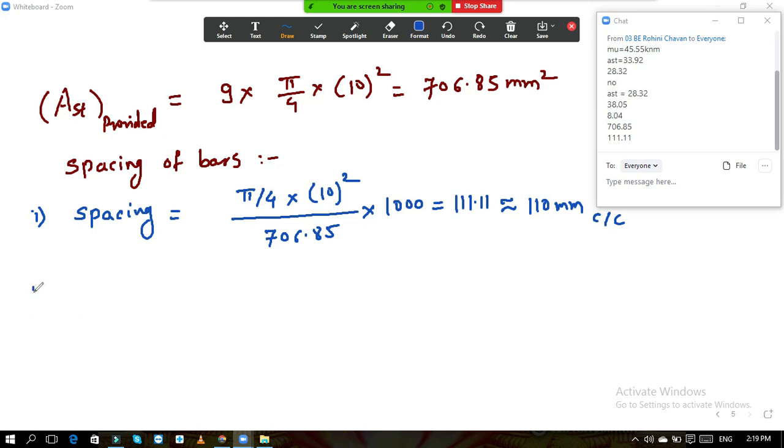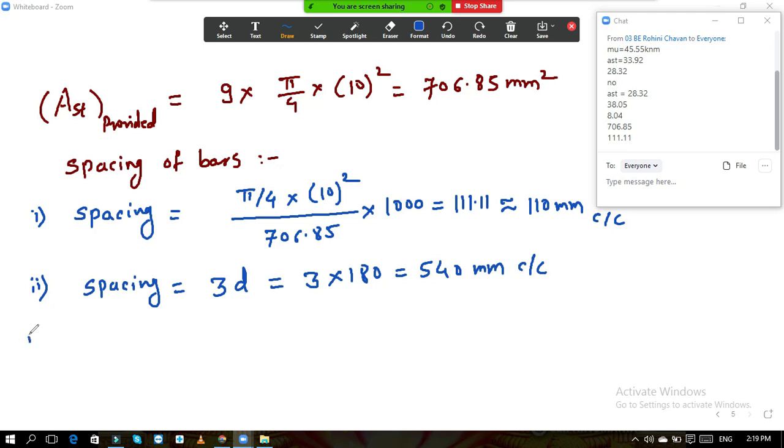This is first. Then second, what the IS code says, if you are calculating the spacing of main bar, then it is 3d. So 3 into effective depth, 180, is 540 mm center to center. And thirdly, according to IS 456-2000, spacing is 300 mm in no case, center to center. Now we need to choose the minimum value of these three.